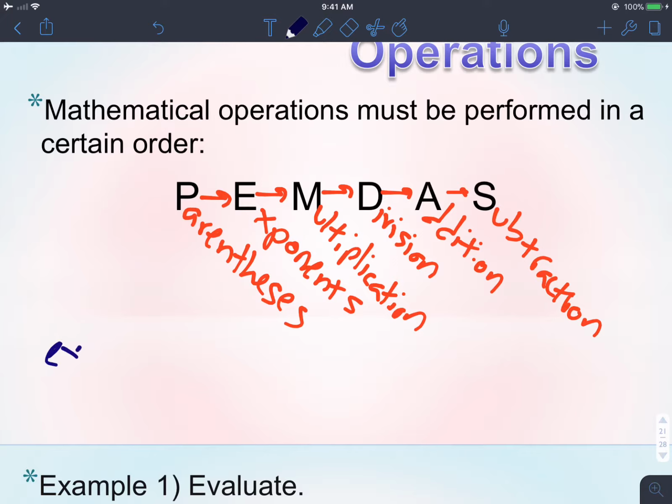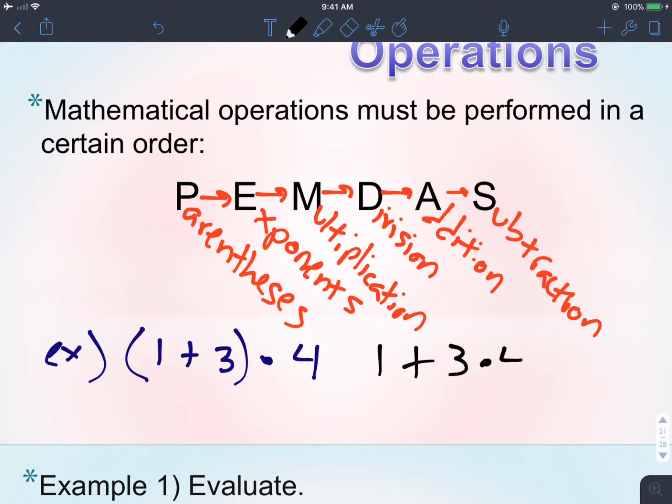Try to think of an example here. Parentheses always go first.